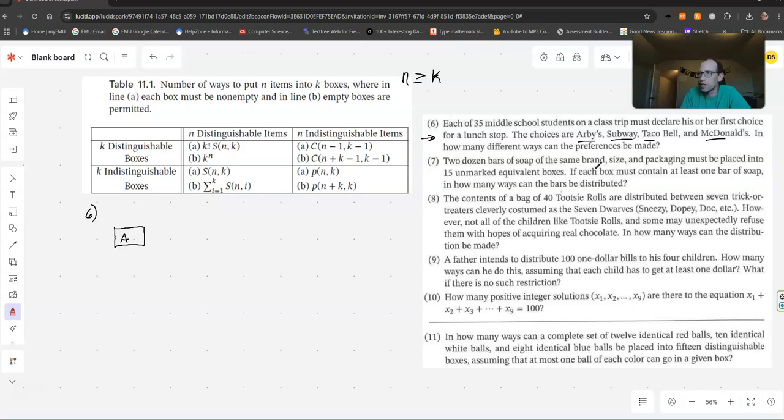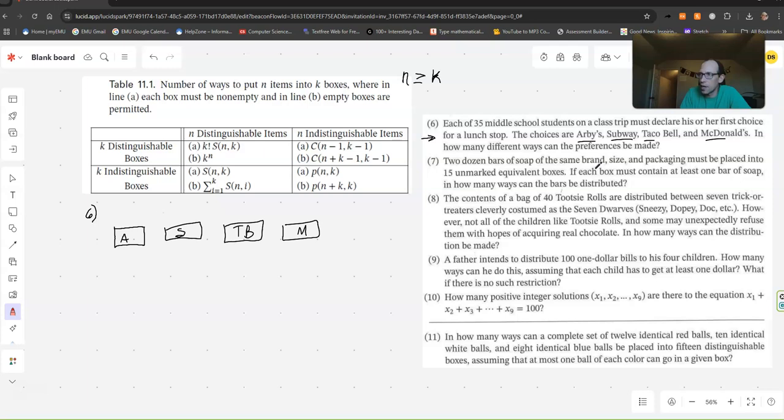So this is Arby's, we have Subway, Taco Bell, and good old Mickey D's. And we have 35 middle school students. Let's see what it looks like if we consider the students as the items and the restaurants as the places. Say we start with Alan, and Alan chooses a place to eat.